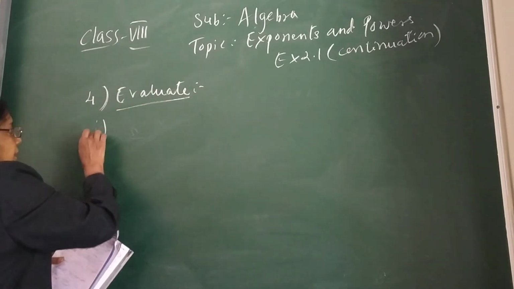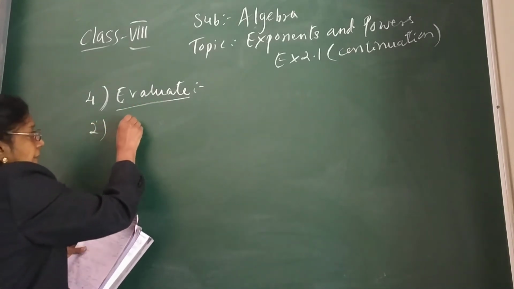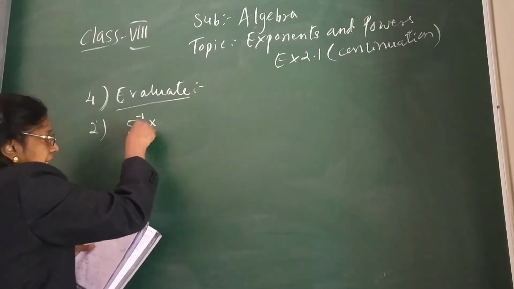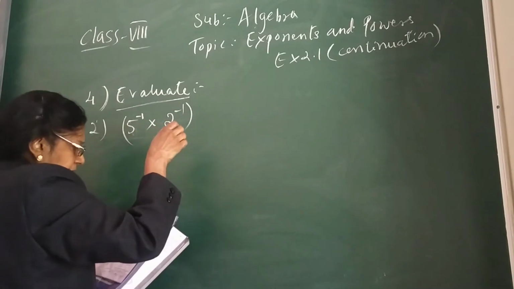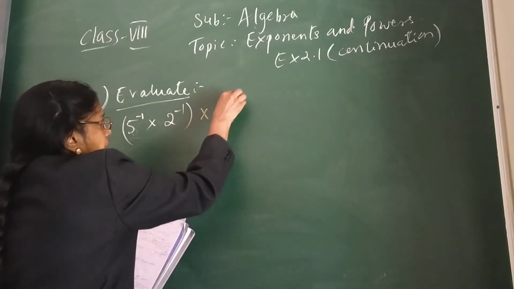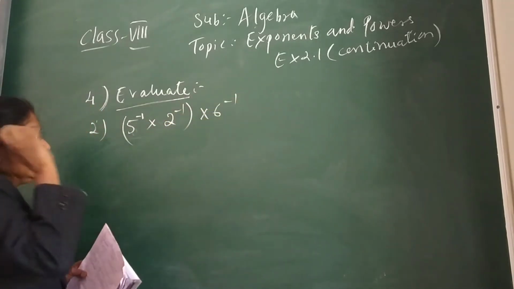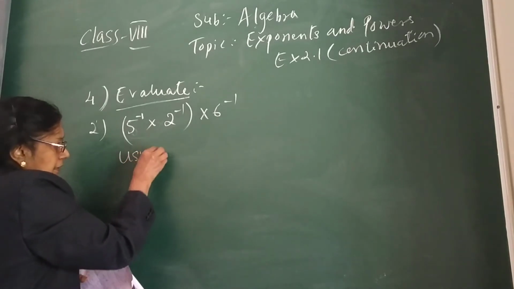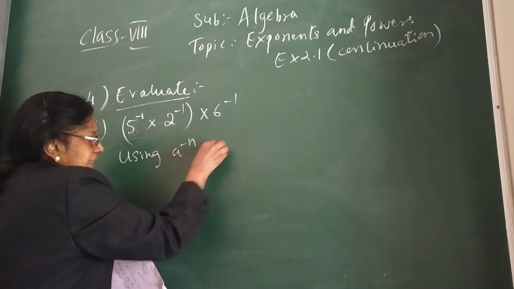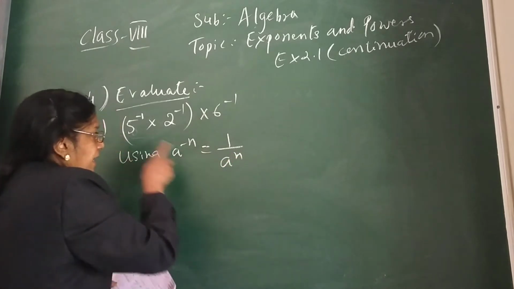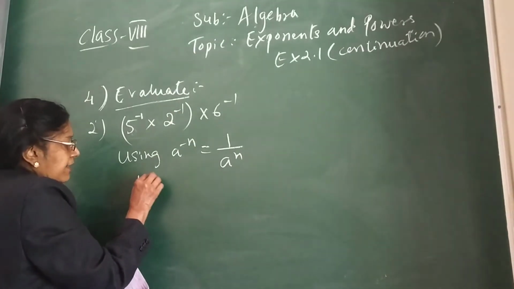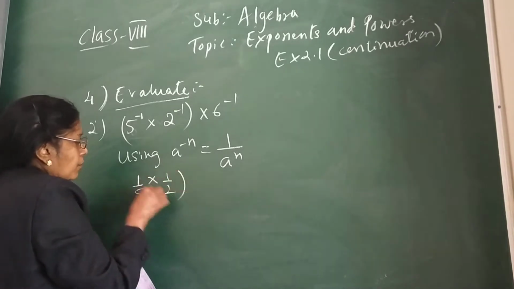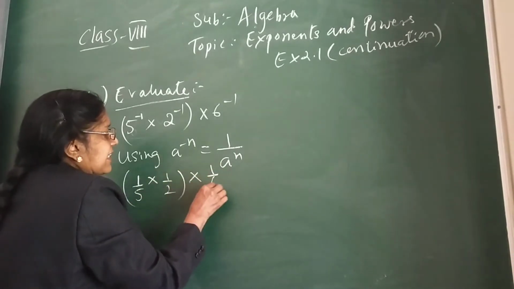Second example, what is given? Let us see. (5 to the power of minus 1 into 2 to the power of minus 1) into 6 to the power of minus 1. Using a to the power of minus n is equal to 1 by a to the power of n, we can write all this in this form: 1 by 5 into 1 by 2 into 1 by 6.